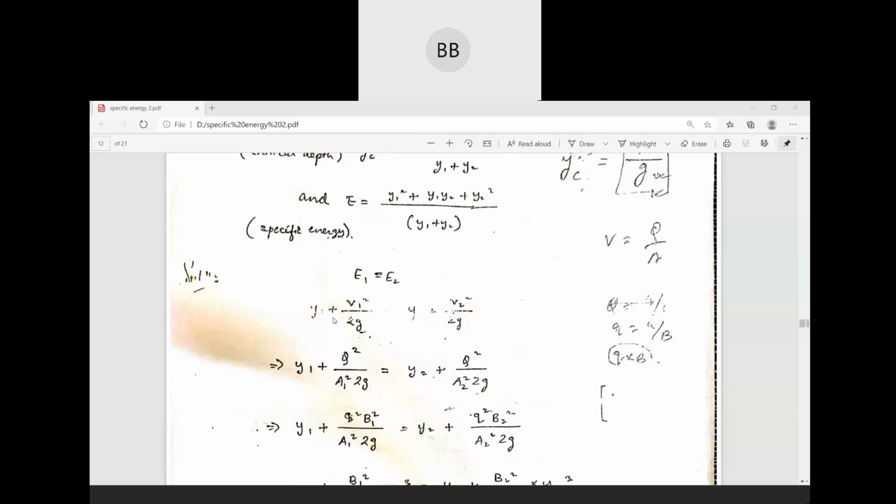So E1 is equal to E2. For E1, we are going to consider the depth y1.